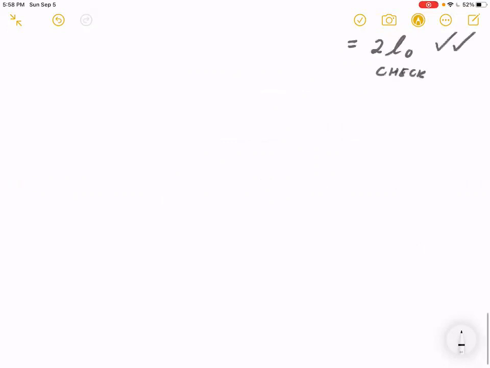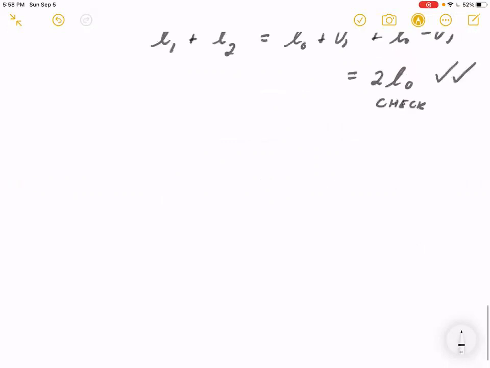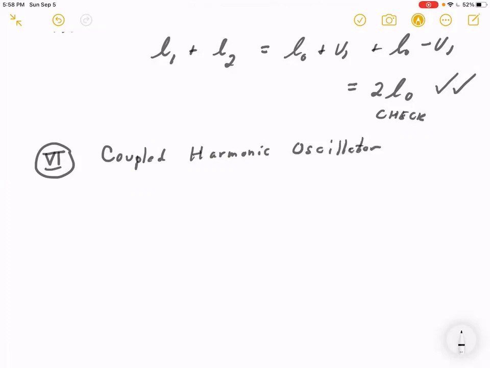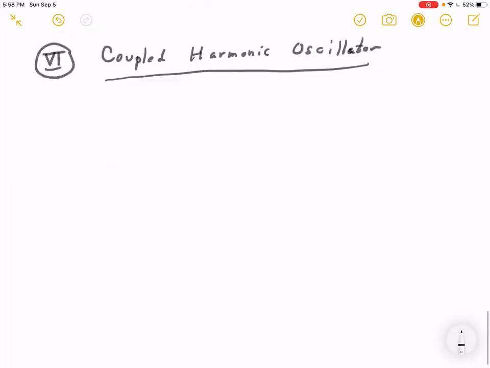Okay, so now we're ready to tackle the problem we set out to look at, namely that of the coupled harmonic oscillator. And I maintain that we've got all the machinery to solve this problem.